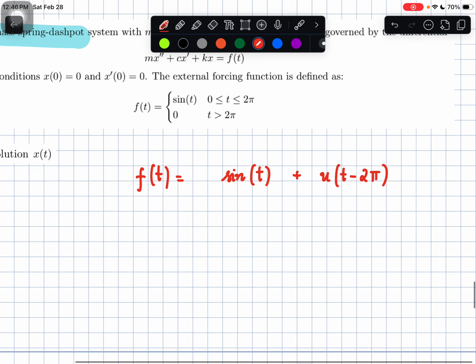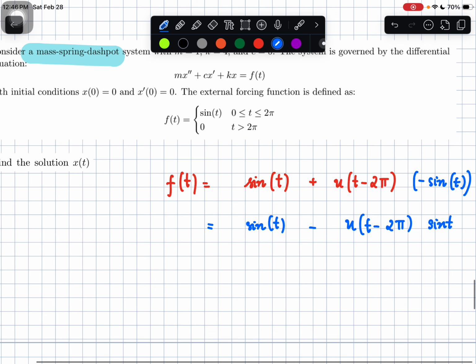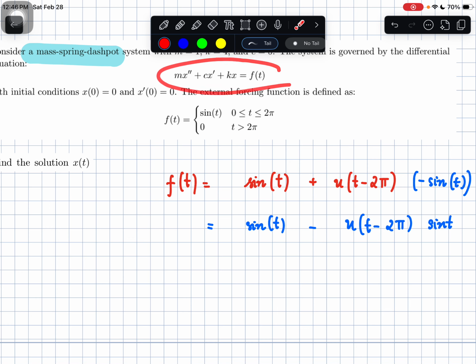You want to cancel that signal, so this is minus sin(t). So f(t) equals sin(t) minus u(t minus 2π) sin(t). We can use this function to Laplace transform both sides of this equation.